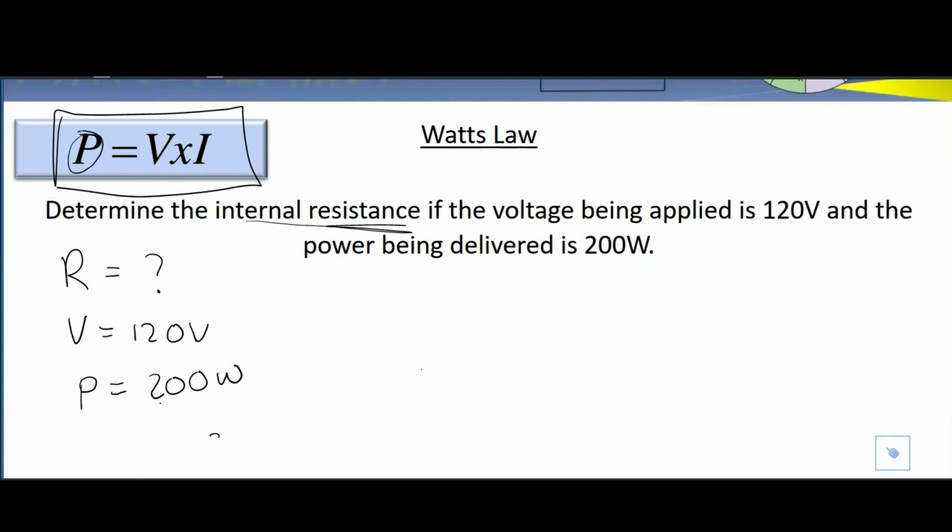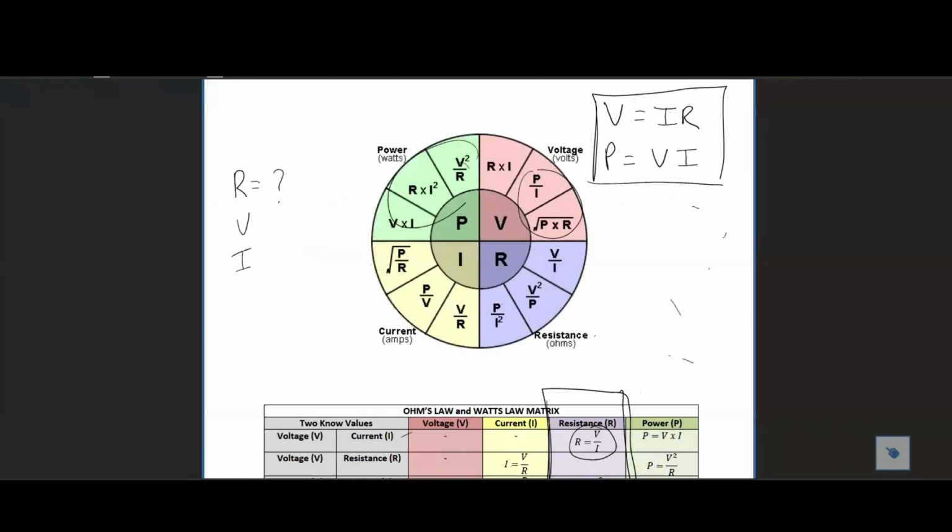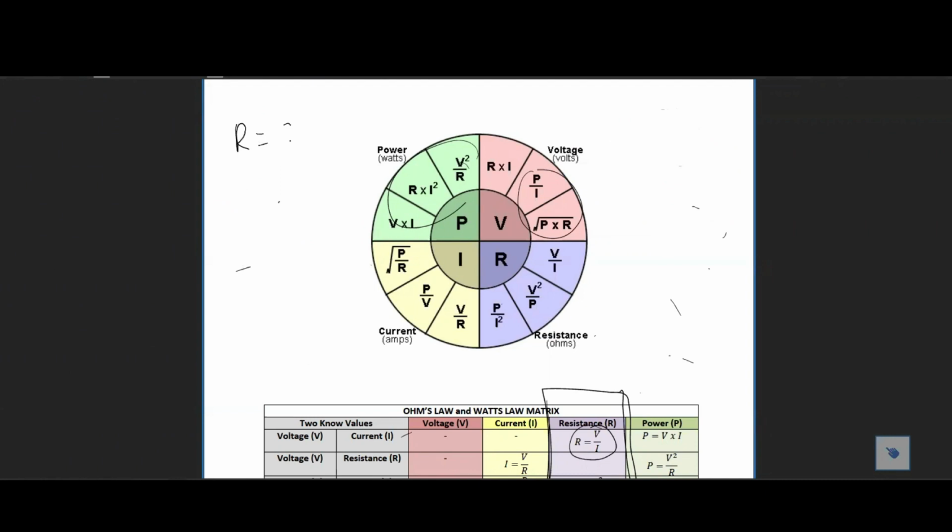Now we look back at Watt's law. We have P, we have V, but we're trying to find R. So this formula right here won't work right away. What I would recommend in this case is to refer back to your wheel over here. R equals question mark, and we have V and P. So you come over here to your wheel.